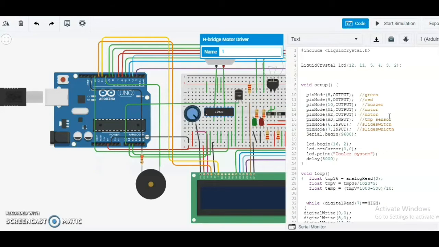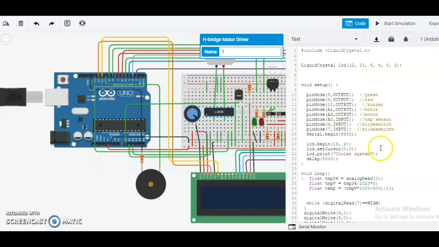Now I want to show the coding software. The outputs are the green LED that I connect to pin number 8, red LED to pin number 9, buzzer to pin number 10, and the H-bridge motor driver to pin analog 1 and analog 2.